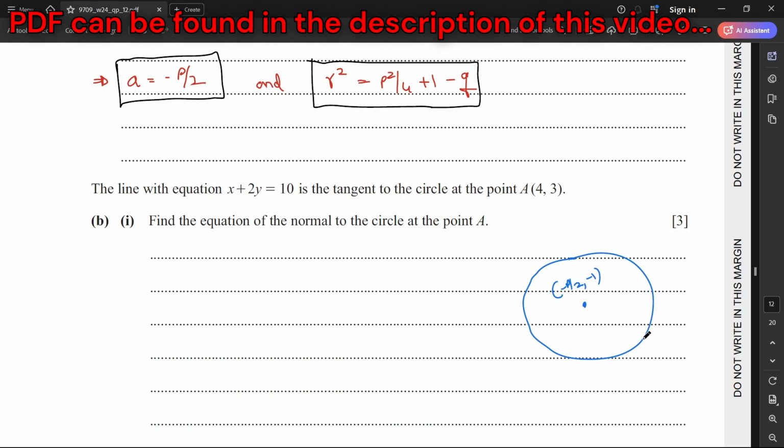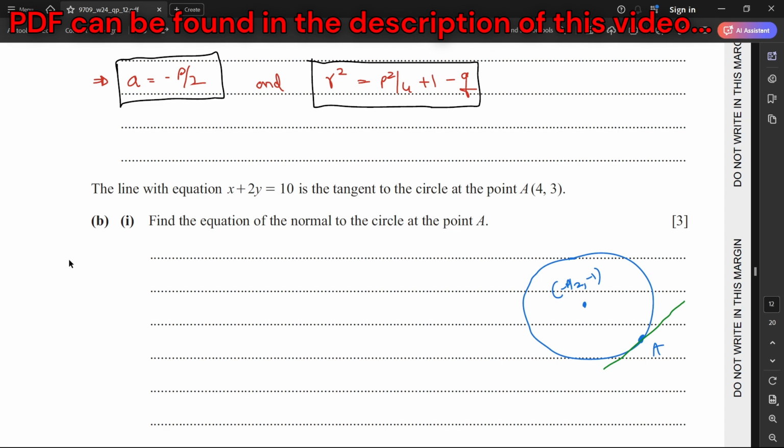And let's say there is a point A somewhere over here whose tangent I'm drawing, obviously I'm not keeping in mind what is the orientation of the gradient, if the line should be like this or should be like this. I am not taking that into consideration. This is just to help me get started with what exactly I'm supposed to do over here. We are asked to find the equation of the normal of the circle at point A.